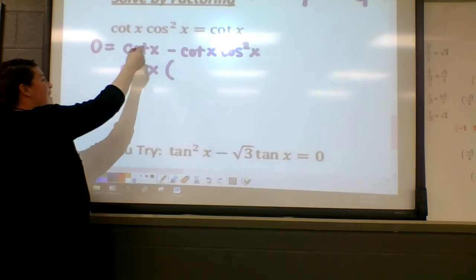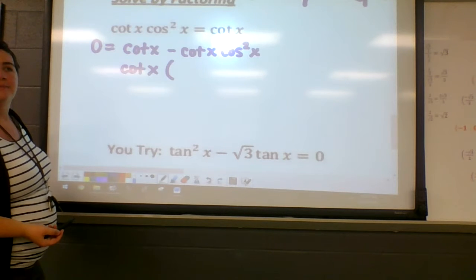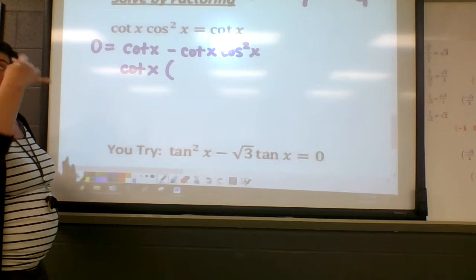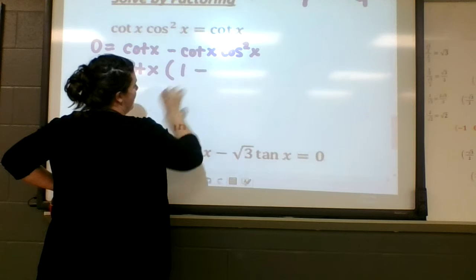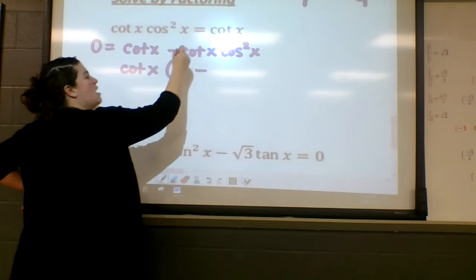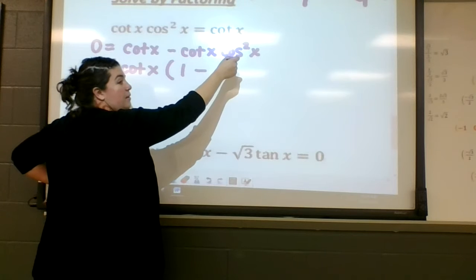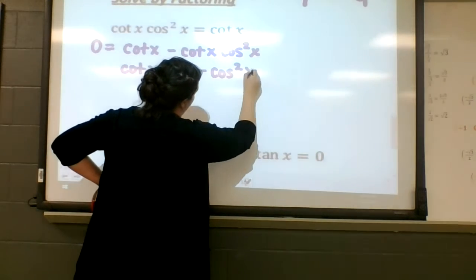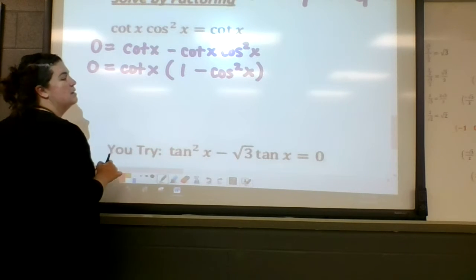So if you have a cotangent and you take out a cotangent, what's remaining? A 1. Just like if you had an x and you took the x out, there'd be just a 1 left. Same thing. There is a 1 here, and then a minus. And if you take this cotangent of x out, what's left is the cosine squared of x. And this is still equal to 0.